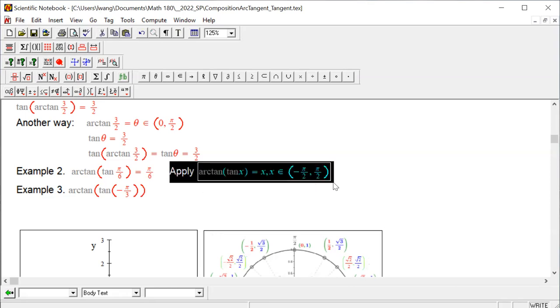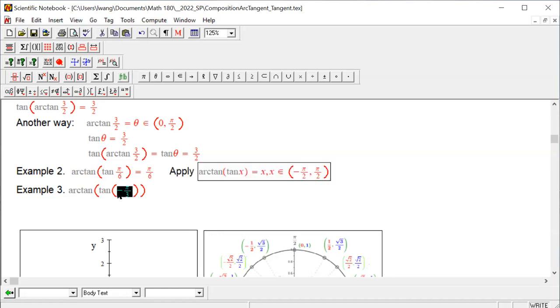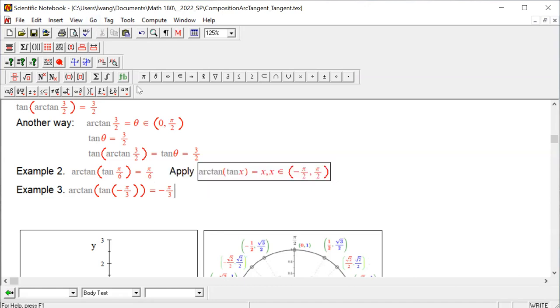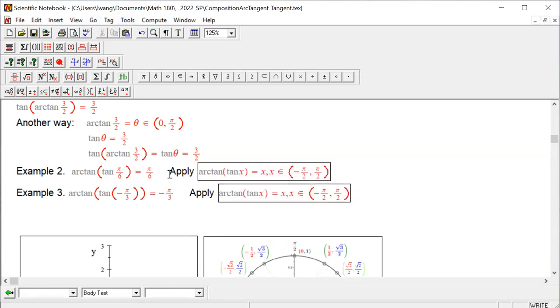Does this shortcut apply? It does, because negative pi over 3 is inside the interval negative pi over 2 to pi over 2. So this answer is going to be negative pi over 3. We are applying the same identity because the condition matches. You see, that's pretty straightforward.